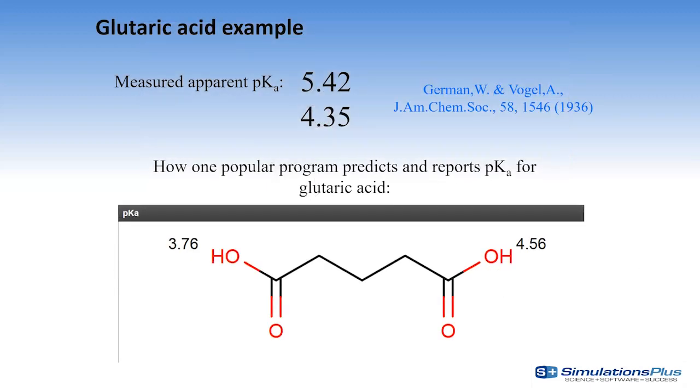Here is a very simple example. Glutaric acid has measured pKa's of 5.42 and 4.35. And one popular program, actually many popular software packages, report predictions in the following way. They affix predicted numbers to each of the two carboxyl groups. And you can map measured values the same way, right?